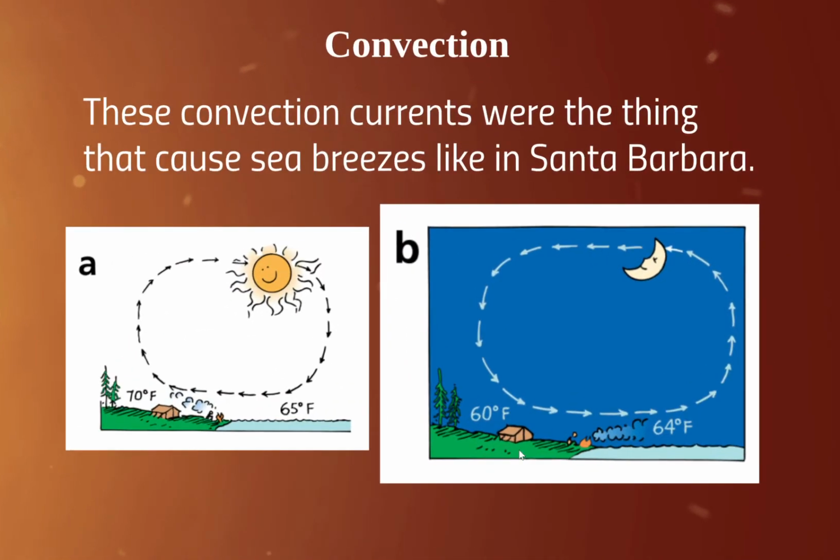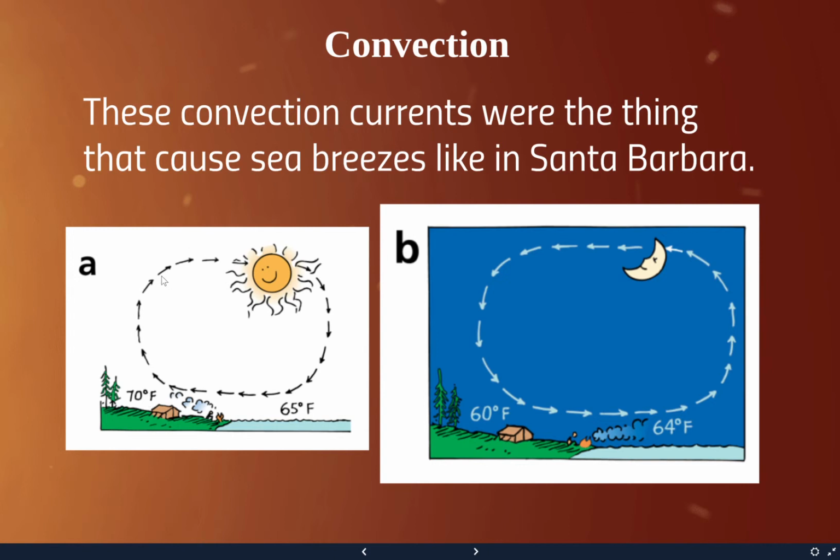Do you remember when we talked about Santa Barbara and the sails and how the air over the desert would warm up and rise, and then the air over the ocean would sweep in? Now, I didn't tell you at the time, but that was really a convection current. You see, here's the sun. It's heating up. Well, the air over the town heats up, rises, cools off, but the air over the ocean comes over to where it can start heating up over the land.